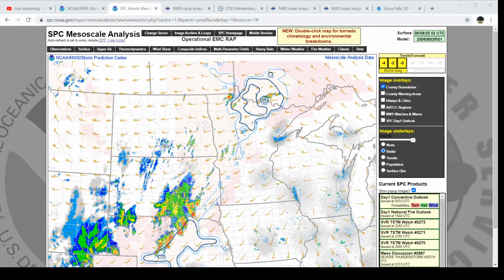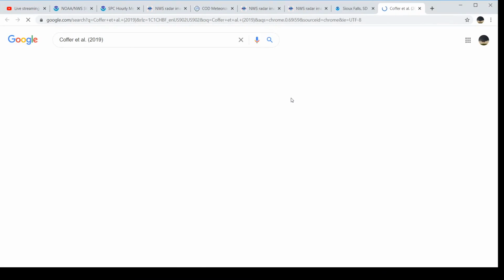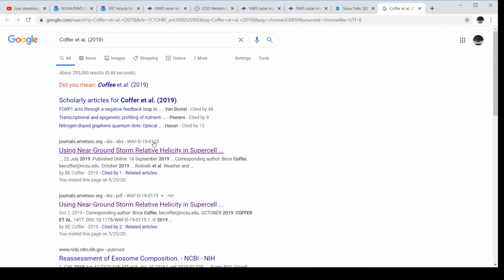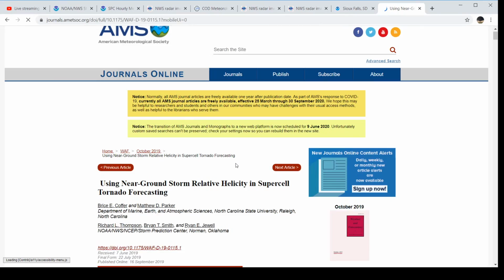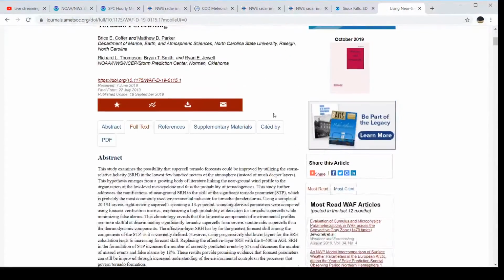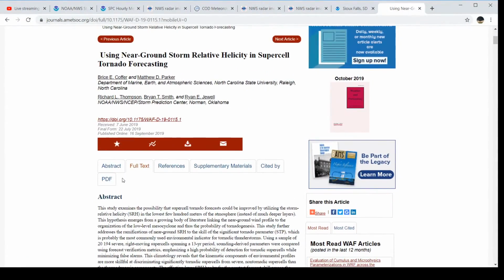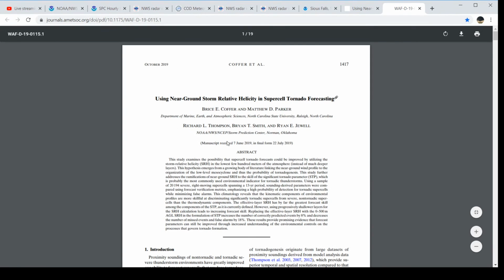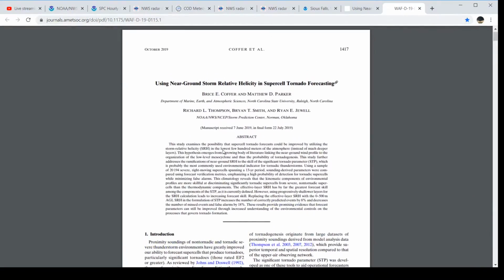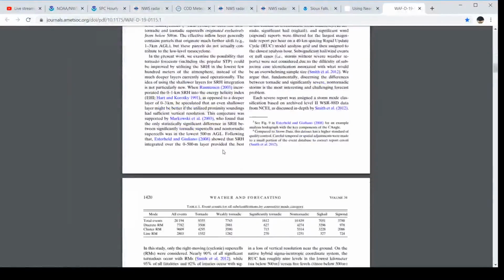If y'all highlight this right here and look it up, it will show you. This is the new thing that Vortex 2 has been working on, and definitely if y'all are interested and have the time to read this, it shows a lot.